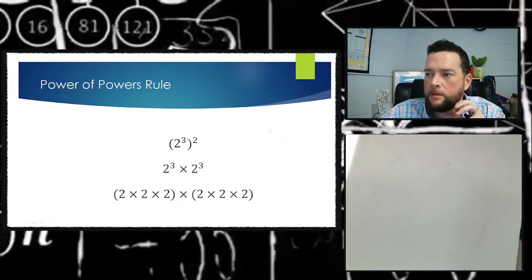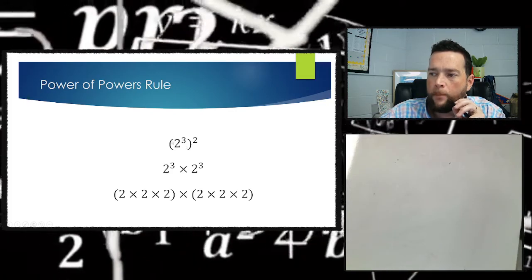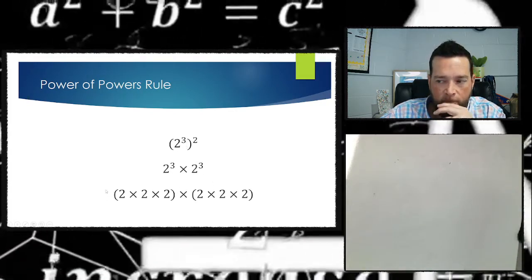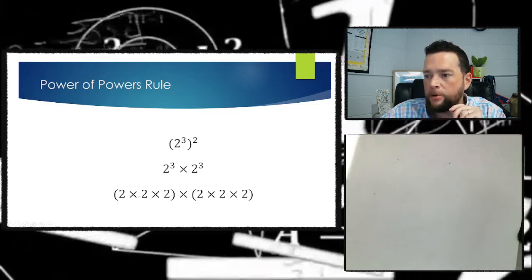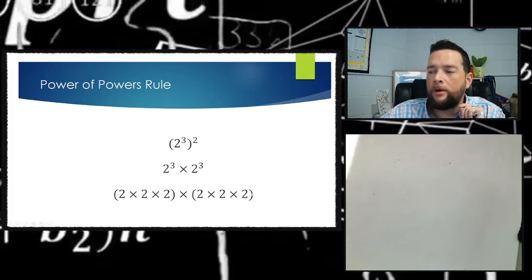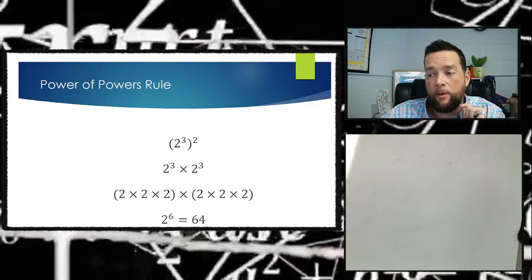So this 2 on the outside tells me that I'm going to represent the inside 2 times. And then when I write that in expanded form, that's 2 times 2 times 2 times 2 times 2 times 2, which in this case is 2 to the power of 6, which is 64.